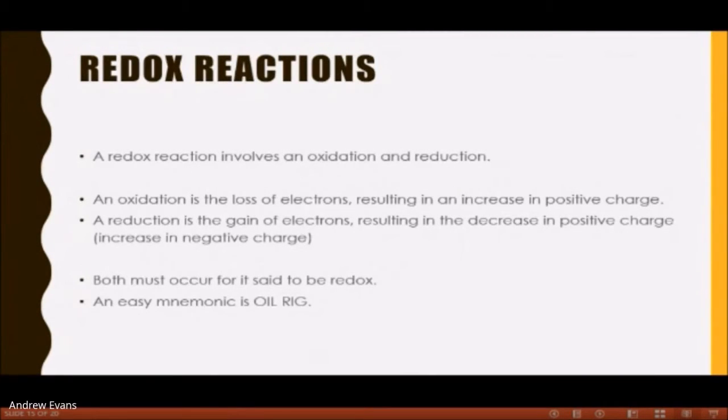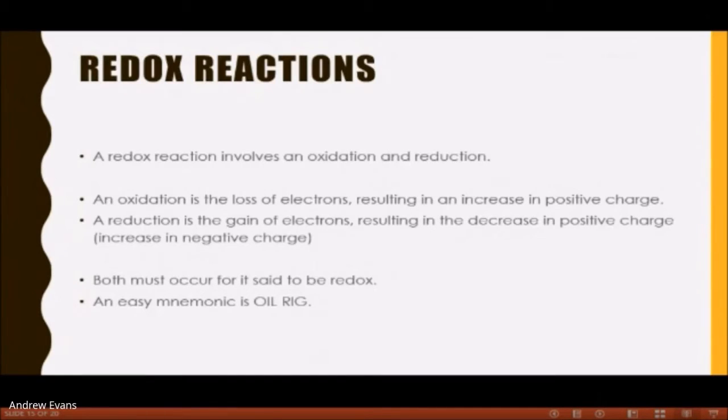And the last type of reaction is a redox reaction. A redox reaction, by definition, is a combination of oxidation and reduction. Reduction and oxidation together are abbreviated as redox.